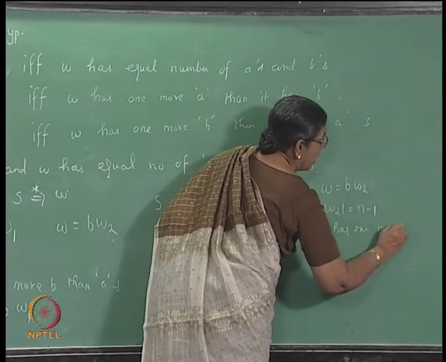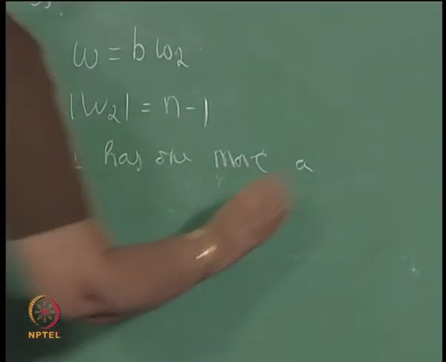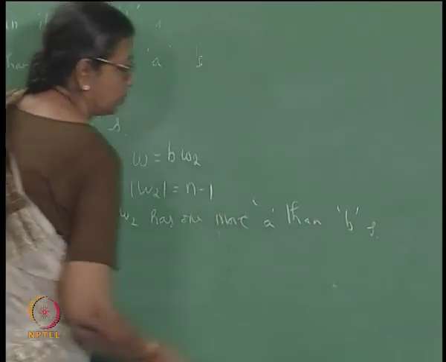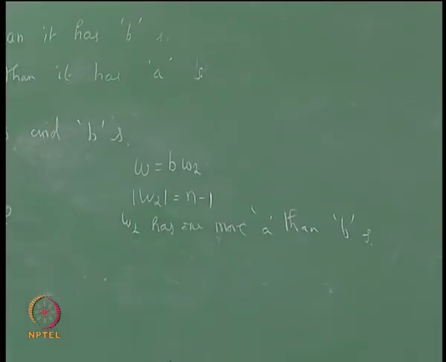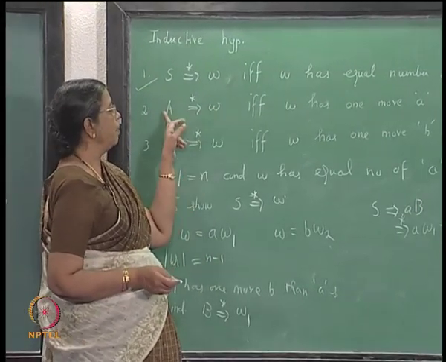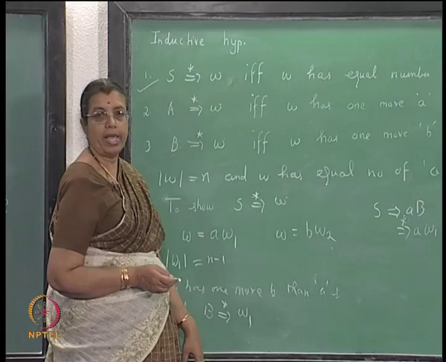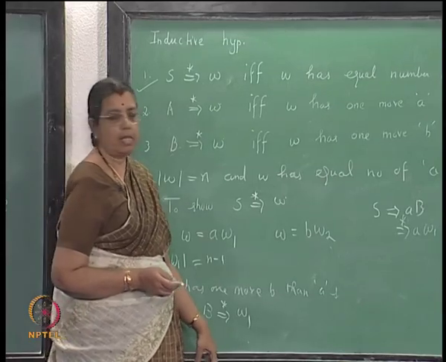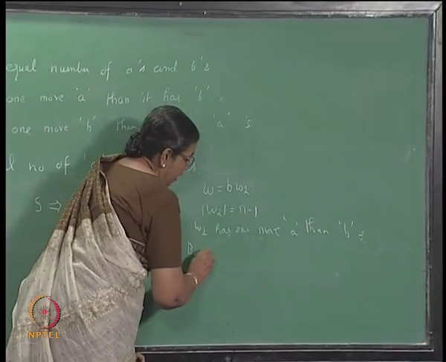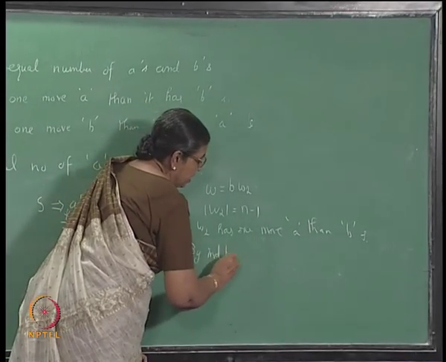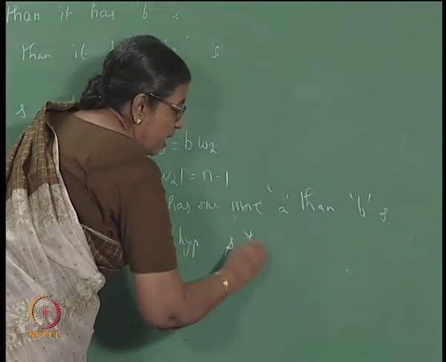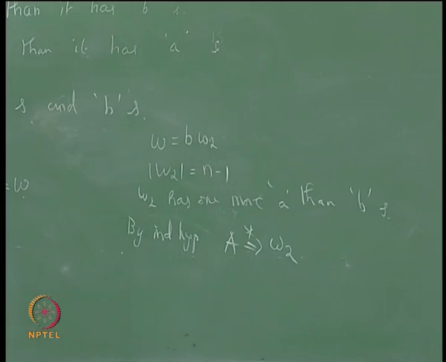So, by the induction hypothesis, what do you get? It is possible to derive W from A if it has one more A than B's. So, by the induction hypothesis, it should be possible to derive W2 from A.